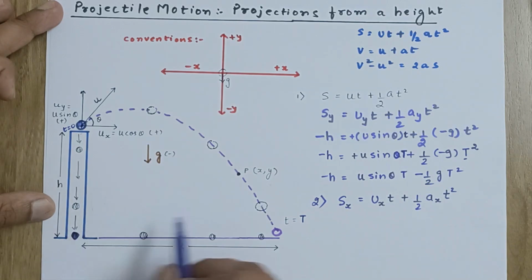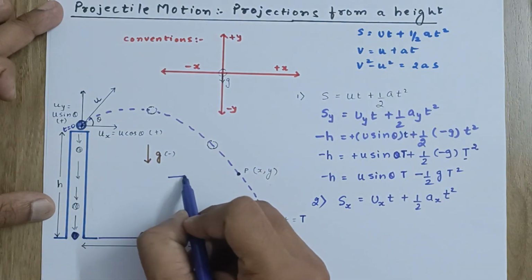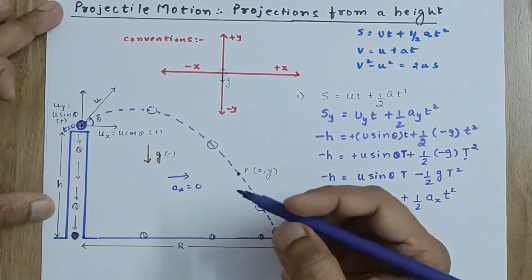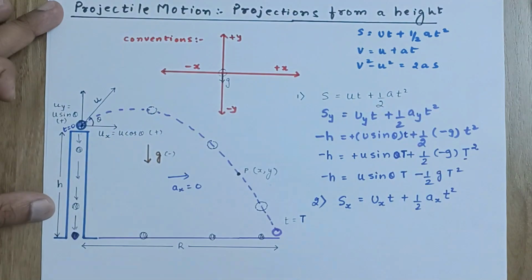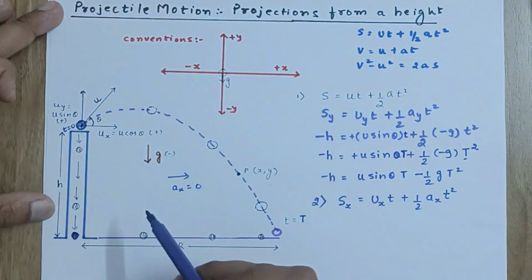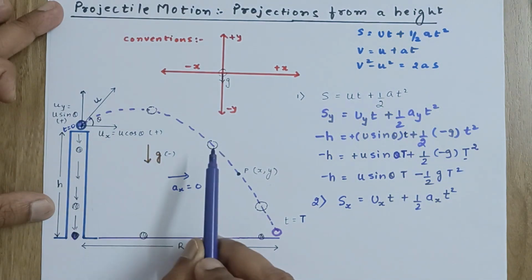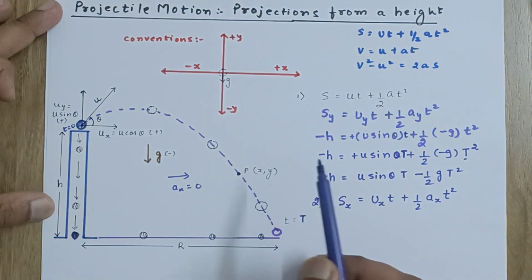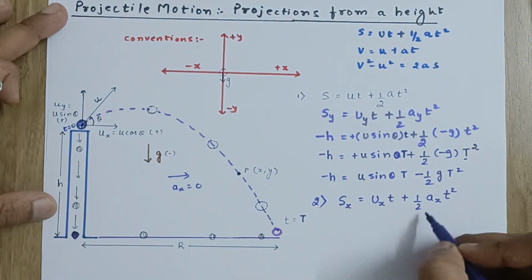Now the acceleration along the x-axis is 0 because in projectile motion there is no acceleration along the x-axis. That is due to the fact that there is only gravitational force downwards. So no component of force is in this direction. So no acceleration. So the velocity in this direction remains constant. So simply this part goes off.